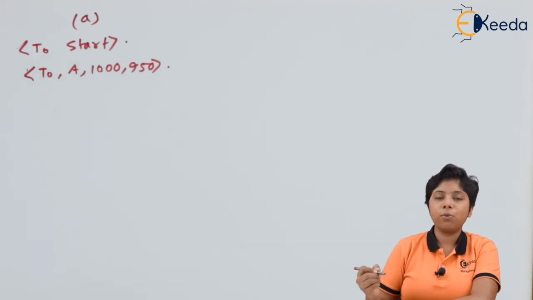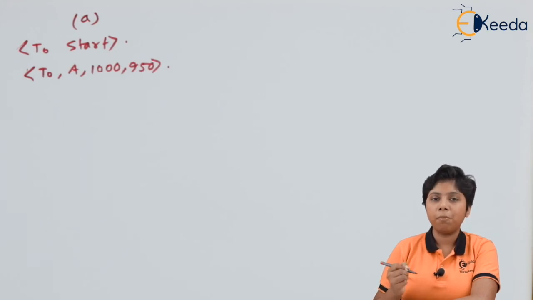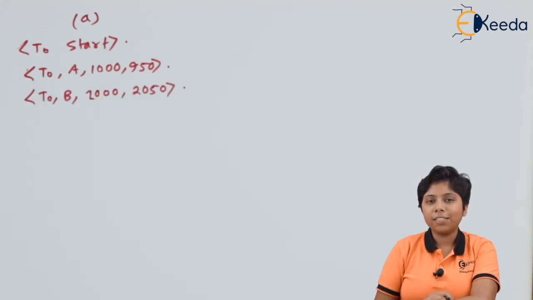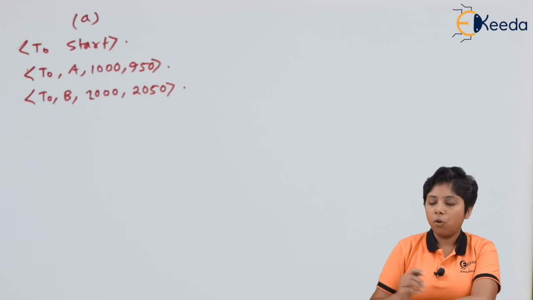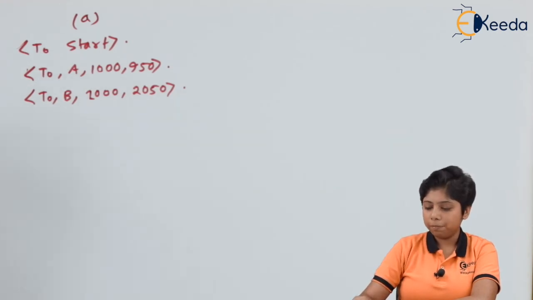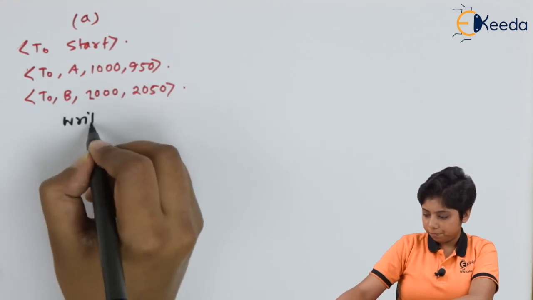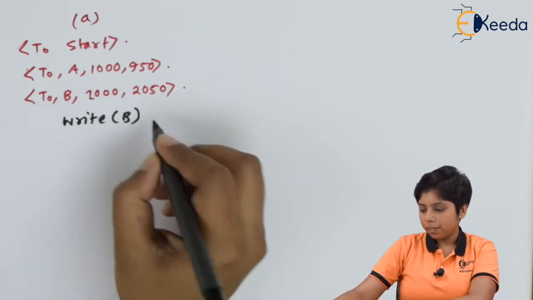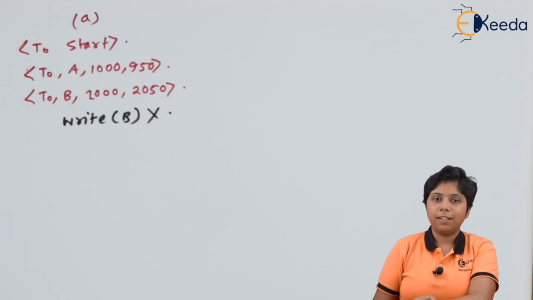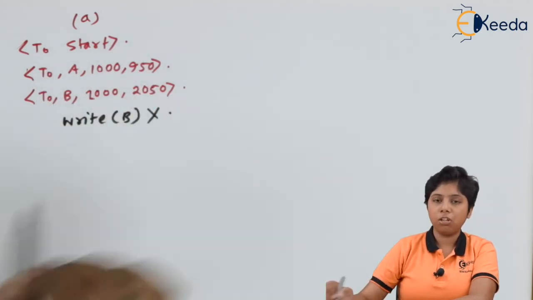Now again it reads the value of B, updates the value of B. Till now we are making the log. So here we can see that after this, without writing B, the transaction fails. That means T0 cannot continue further.